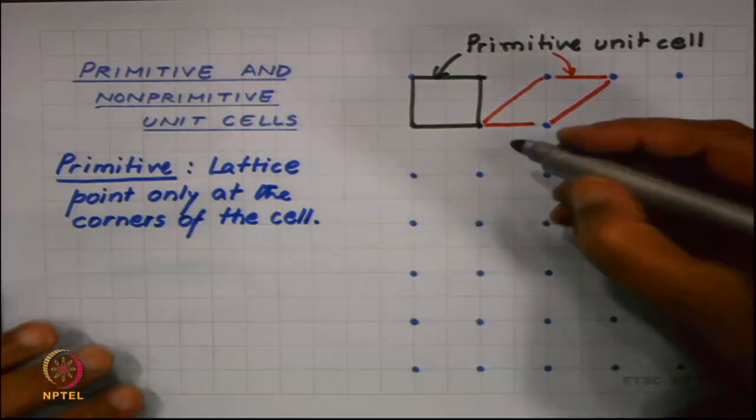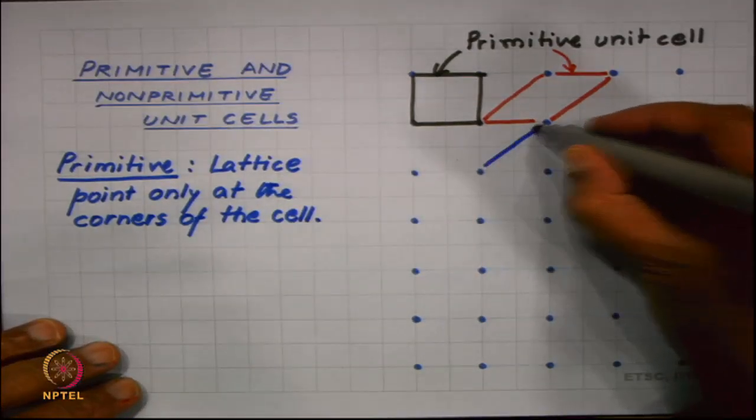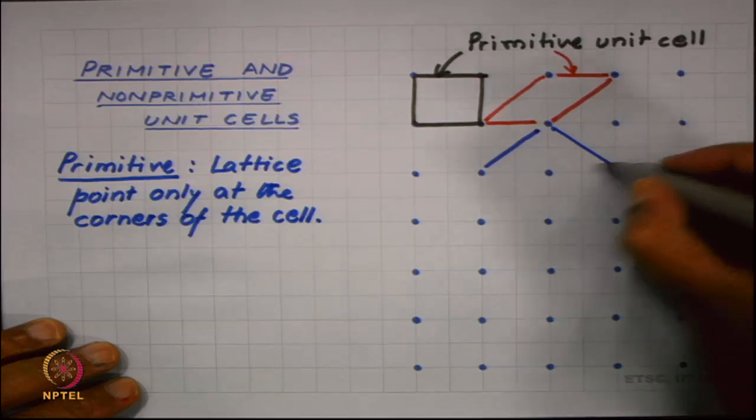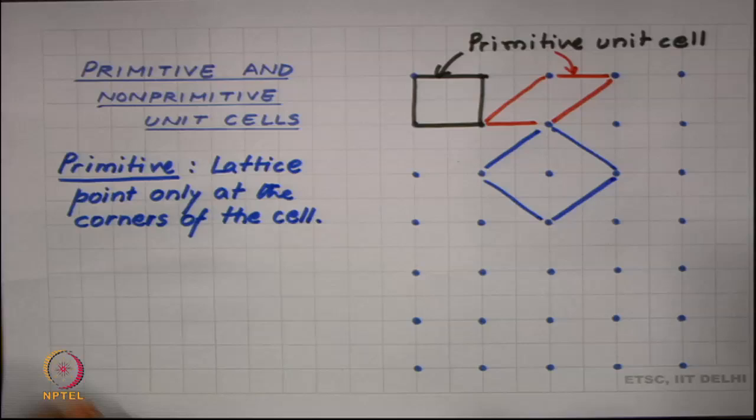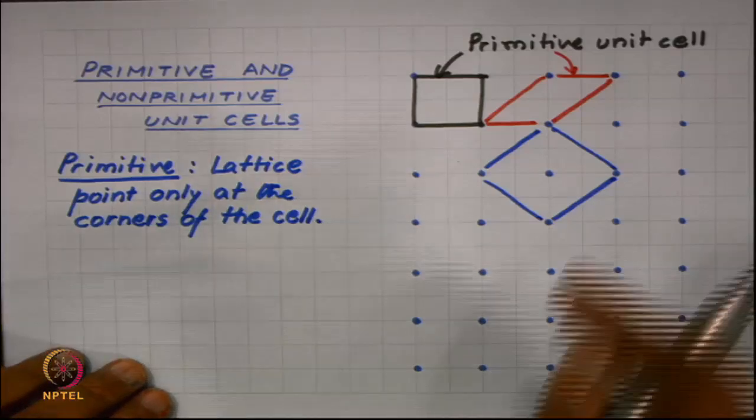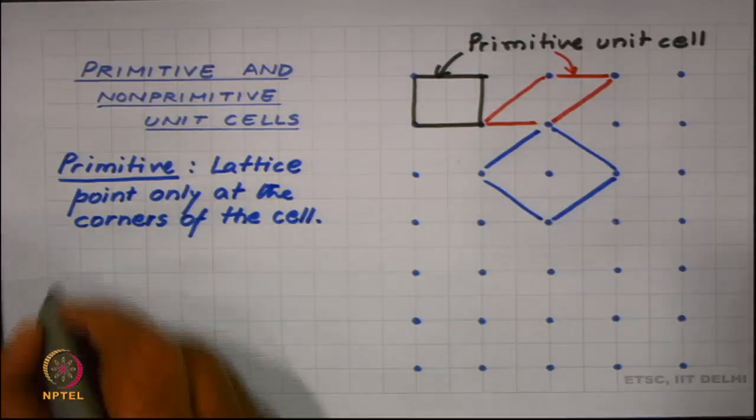But the larger blue unit cell which we had selected last time will be an example of a unit cell which is not primitive.